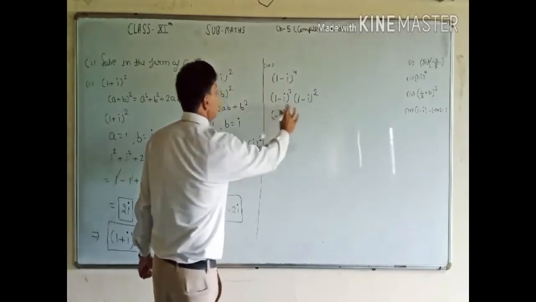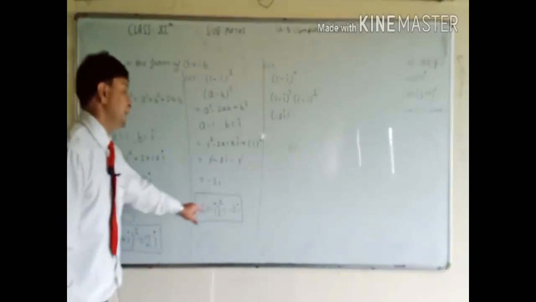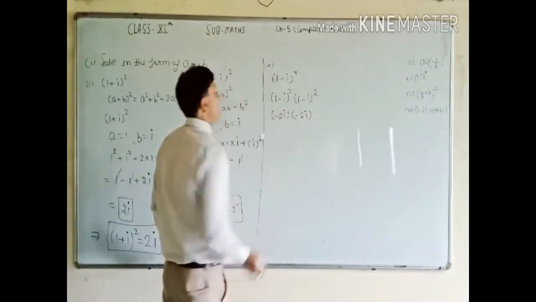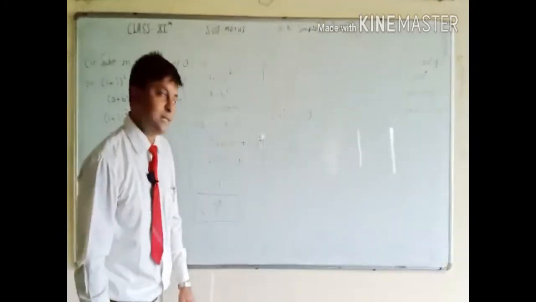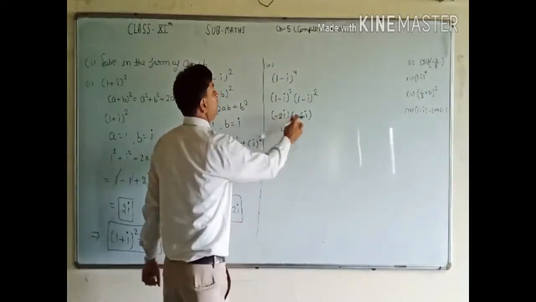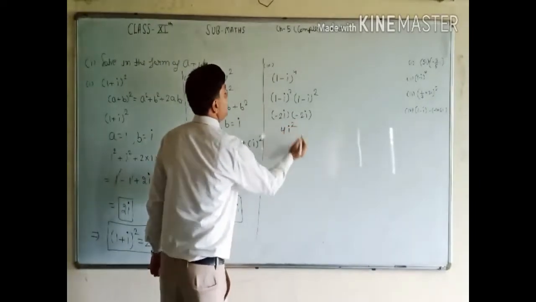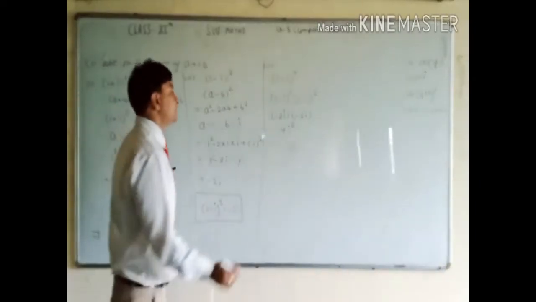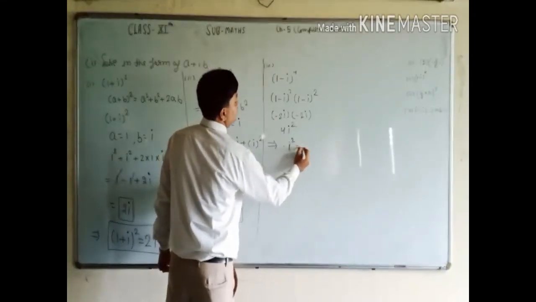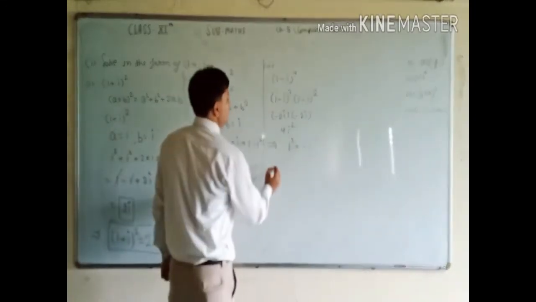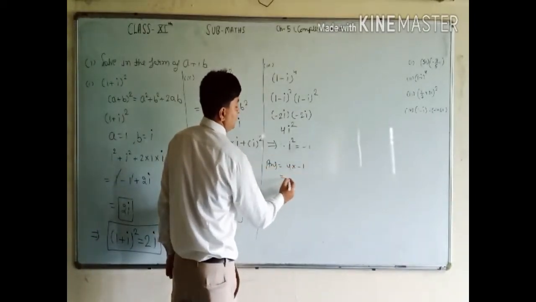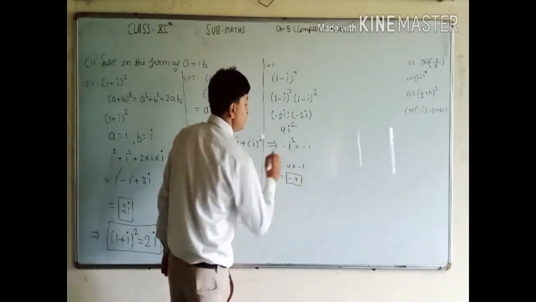The value of 1 minus iota whole square is minus 2 iota, and this is also minus 2 iota. Minus minus is equal to plus. 2 2s are 4, and iota into iota is iota square, and we know that iota square is equal to minus 1. So the answer is 4 into minus 1 equal to minus 4.